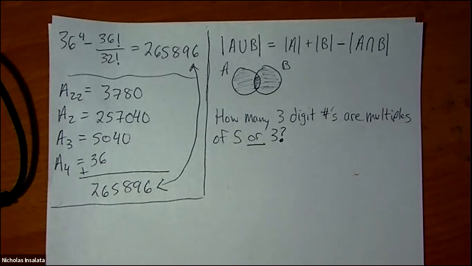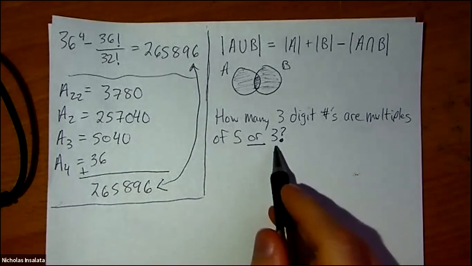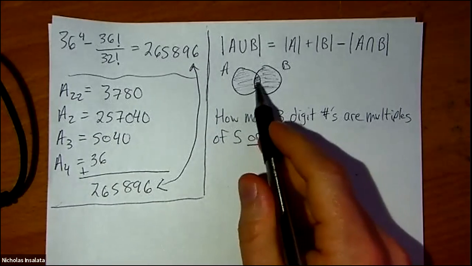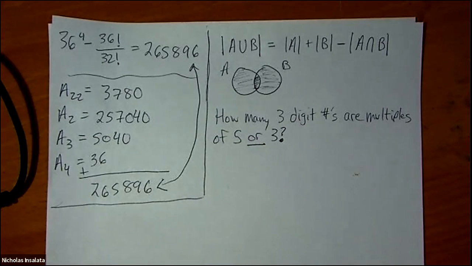Yeah, numbers divisible by both, right? In other words, numbers divisible by 15, right? Those numbers will be divisible by 5 and 3, and those will be in the intersection. We don't want to count those twice, right? So what's going to be sort of my strategy here?